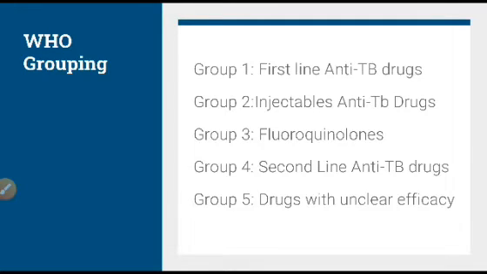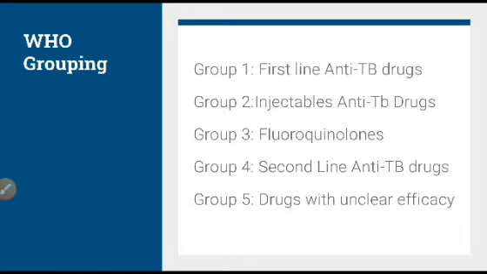Here WHO has defined some groups of treatments just to give a little ease for the prescription. I would like to mention these groups to understand better how the treatment schedules have been defined. Group number 1, where first line anti-TB drugs are given.